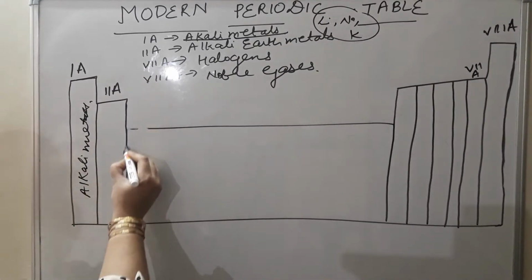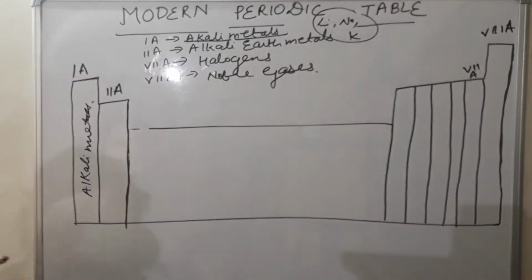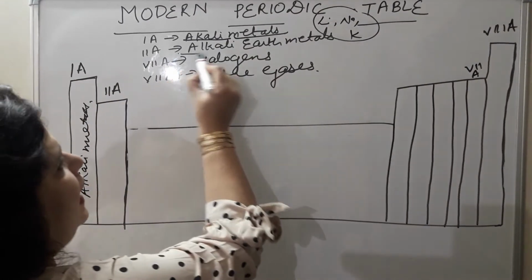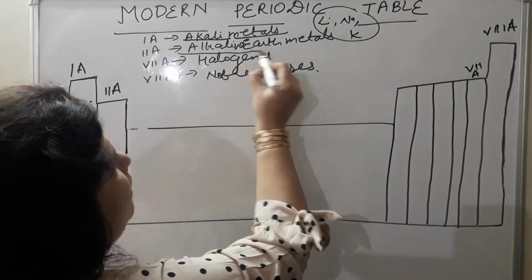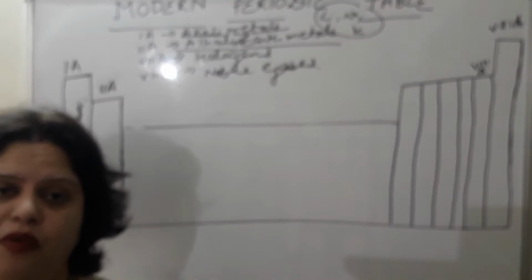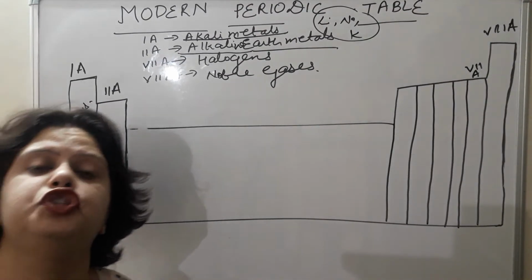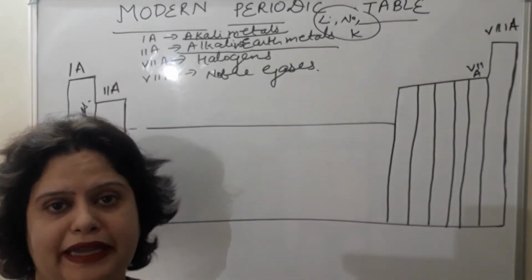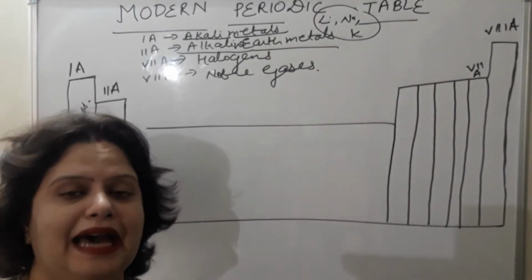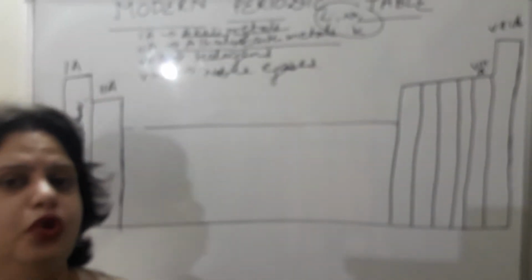Now coming to the second group, 2A, the elements present in this group are known as alkaline earth metals. What is the reason why they are named as alkaline earth metals? Elements which are present in group 2A, or group 2 of the modern periodic table, are known as alkaline earth metals because their oxides and hydroxides are also soluble in water.